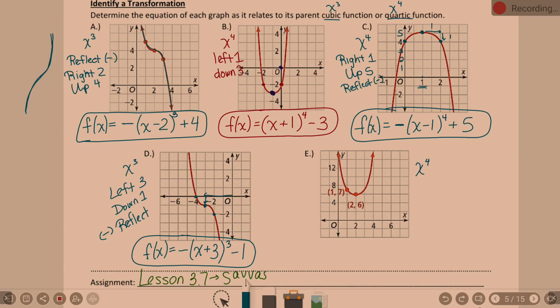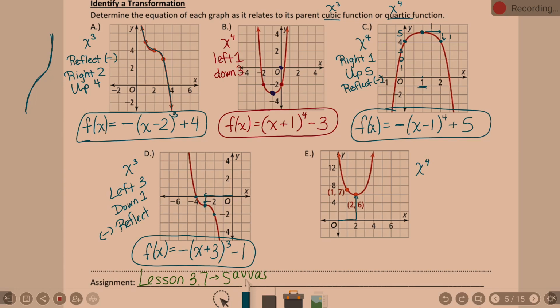Vertical stretch? Wait, no, not vertical stretch again. Over to the right 2. Up 6.